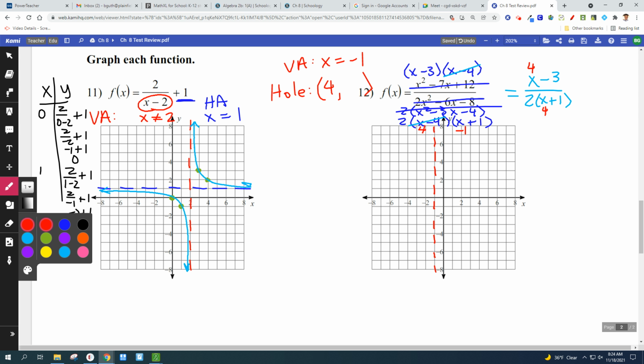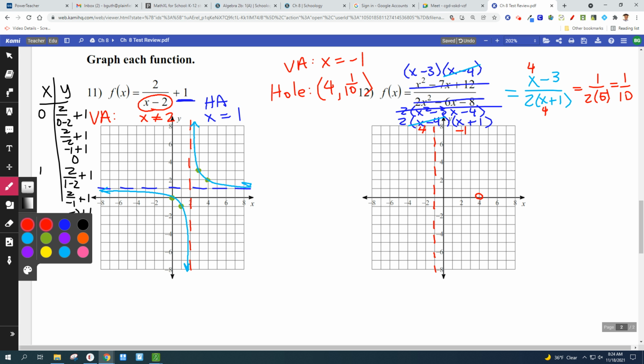So if I plug in 4, I'm going to have 4 minus 3 is 1 over 2 times 5. That's 1/10. So I'm going to have a hole at 4 comma 1/10. 4 comma 1/10 is about right there. I can draw that hole. It's not going to be perfect, just good enough.